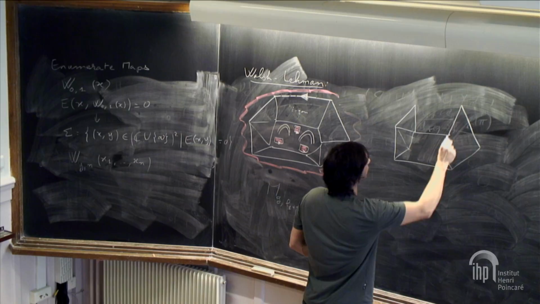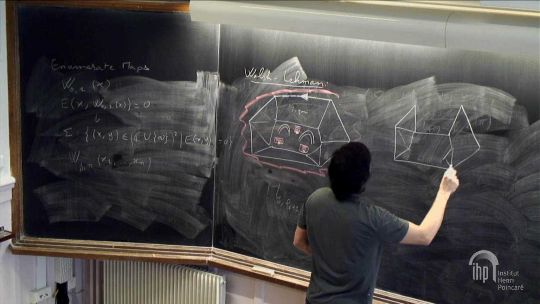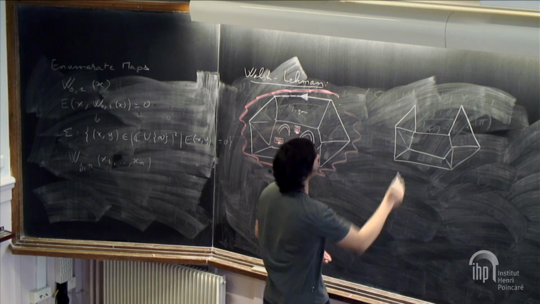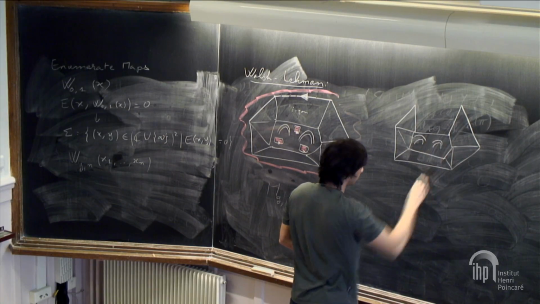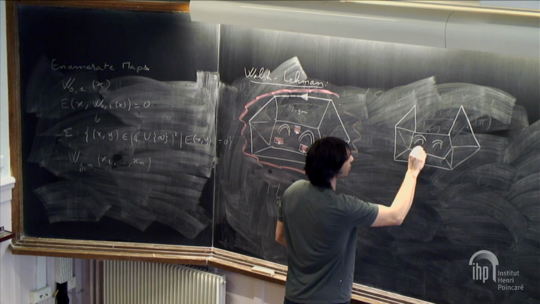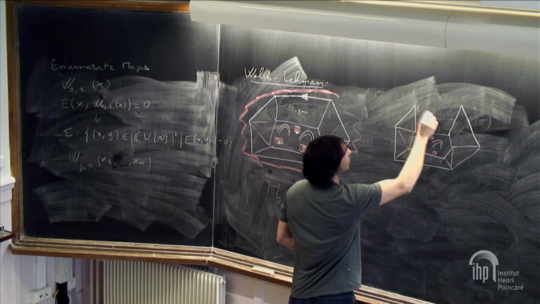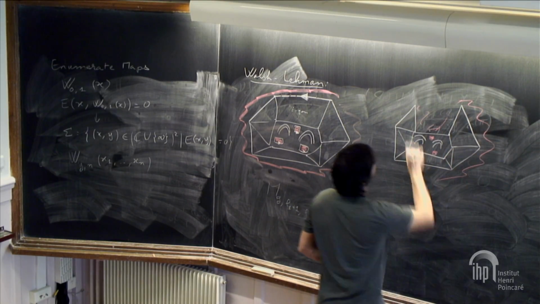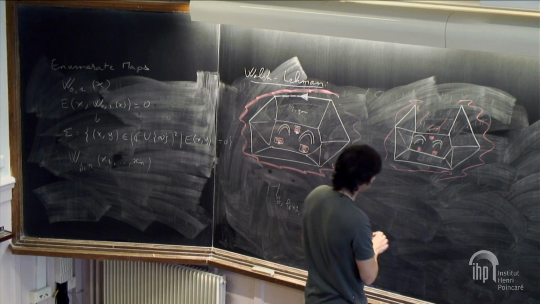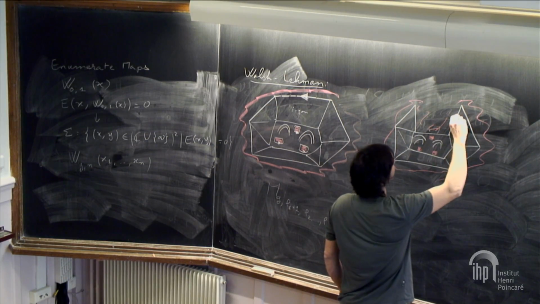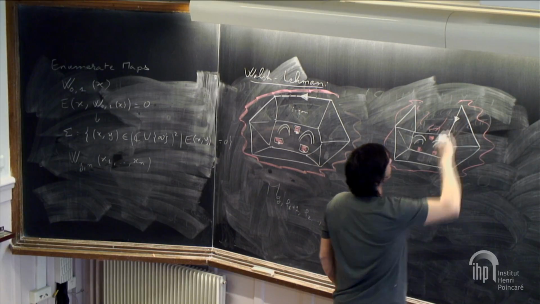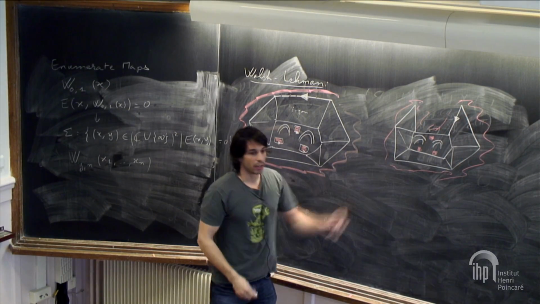I still have the same thing. And here, and I've got my other marked faces. Now, my marked face is still outside, and I choose to put my marked edge here. What do I end up with?